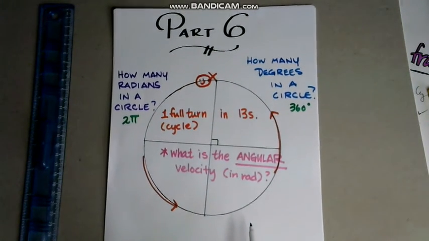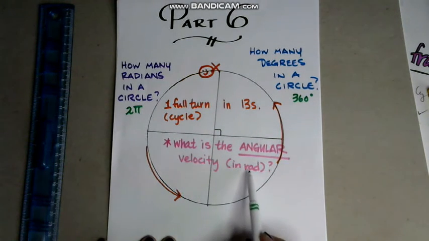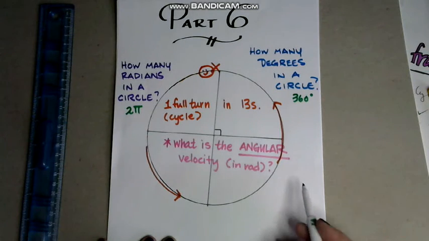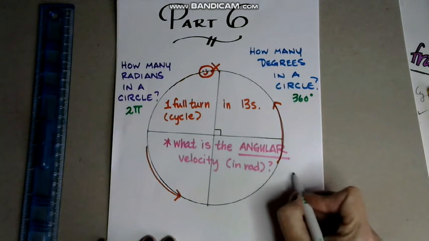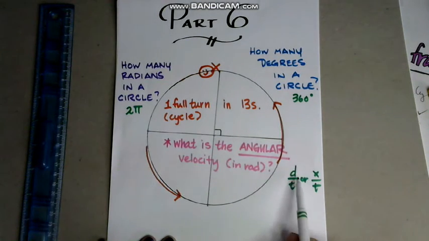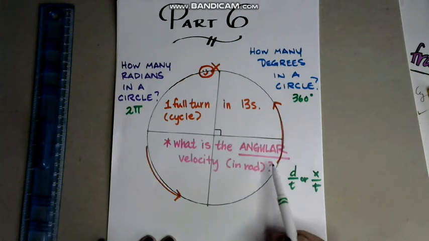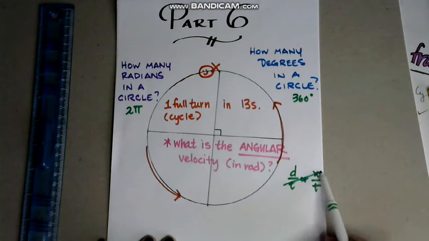If you were unclear on how to solve, let me jog your memory. You know that velocity is always a unit of distance over time, or often we'll say x over t. Well, this time, instead of having a distance, we're using angles per second.